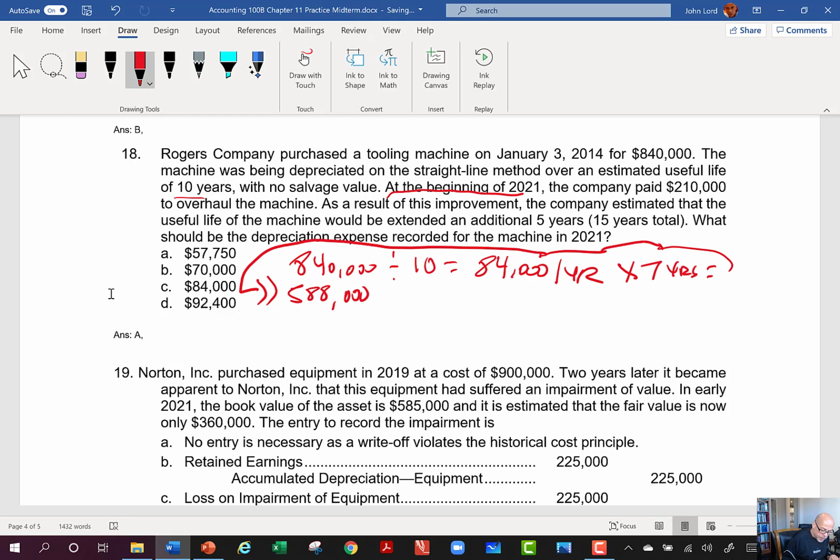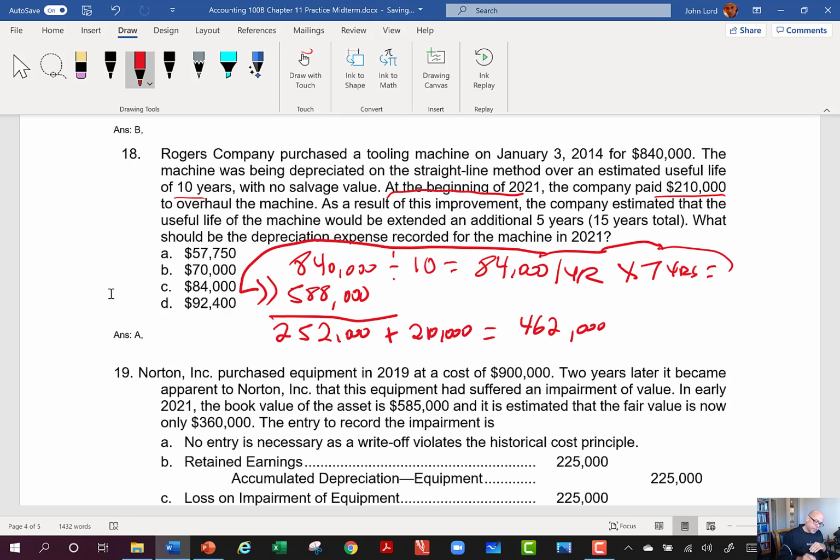And so that means that this thing had a book value when we started 2021 of 252,000. Right? I add to that what they paid to overhaul the engine, 210. So that means now that what? We've got 462,000. But how many years should we depreciate that over?